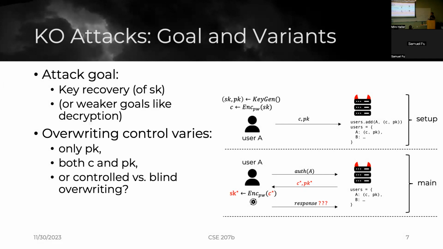So maybe if you can overwrite the ciphertext, the server can control what the client will decrypt this value to. Or maybe it's blind. Maybe the server can just do some modifications and the output will be some garbled value, but the server doesn't control what value it is. It will just be something random. So any questions up until now on the setting or the threat model?